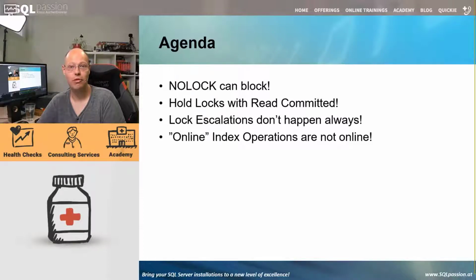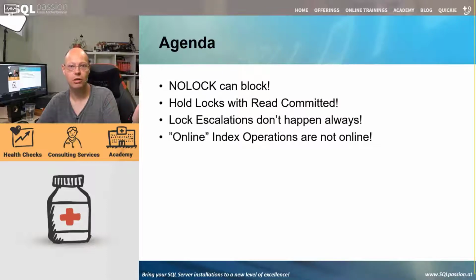Afterwards, I want to talk about lock escalations, which are also very important for SQL Server from a performance perspective, because lock escalations improve the scalability of the relational engine of SQL Server. But on the other hand, lock escalations also degrade our performance, because instead of locking individual rows, SQL Server will escalate those individual row-level locks to one lock on the table level.